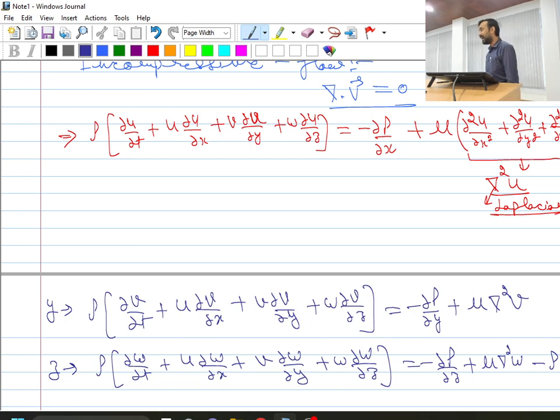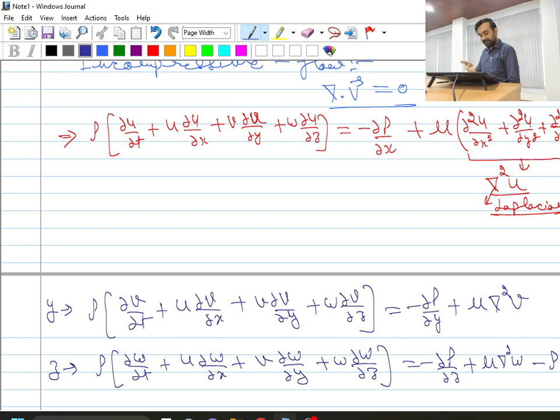So it means that these are nothing but our differential form of Navier-Stokes equations, and the benefit of these equations is that if I find the analytical solution of these equations, that will be nothing but a continuous solution.